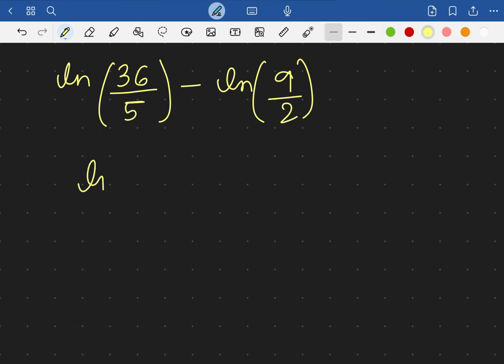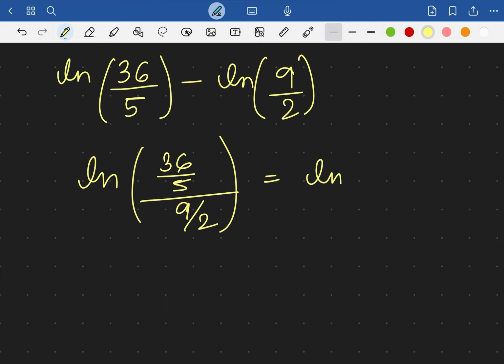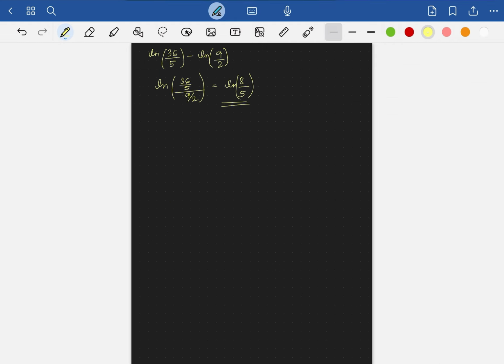Ln a by b would be ln of 36 over 5 whole divided by 9 over 2. So when you simplify this, you will get ln 8 over 5. So we got our final answer.